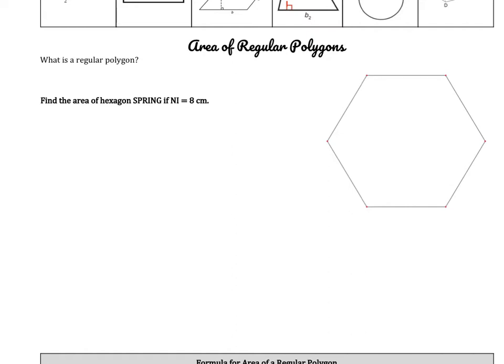So first, let's talk about what a regular polygon is. A regular polygon is a polygon where all sides are congruent. And that also means that all angles are congruent.